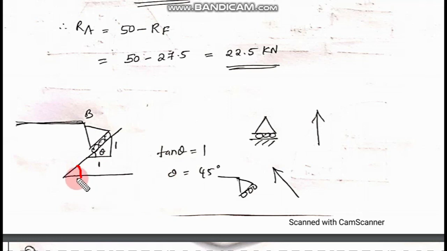So if you get that angle, you can find the angle for resolving the reaction, and here the reaction will also be inclined. Because it's a roller support, you will have one vertical reaction, you know that, right? Since the roller support is inclined, you have an inclined reaction. That's the only difference here, and you have the angle also, so you can easily resolve it.